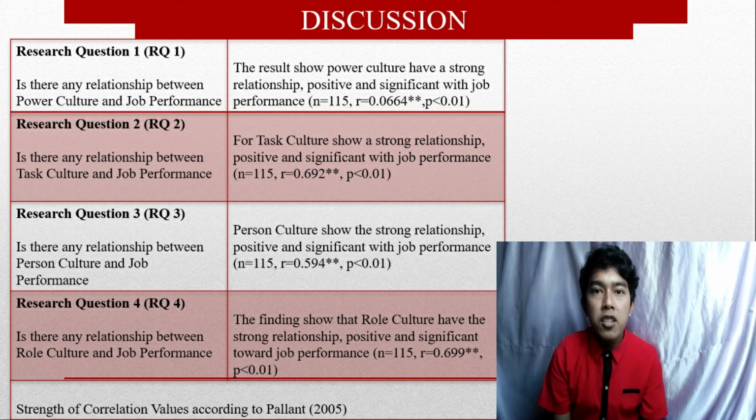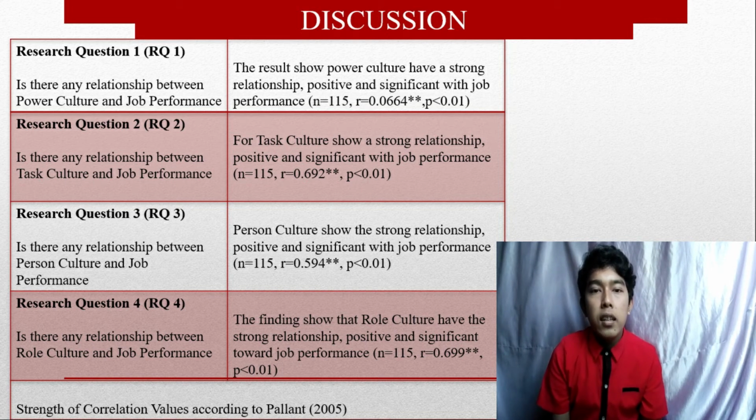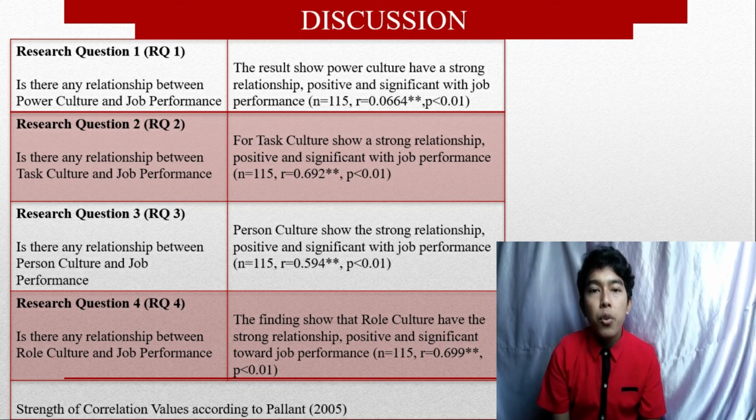As for the role culture, it shows a strong, positive, and significant relationship, where the value is 0.699 with 2 stars. The 2 stars mean that the correlation is significant at the 0.01 level.